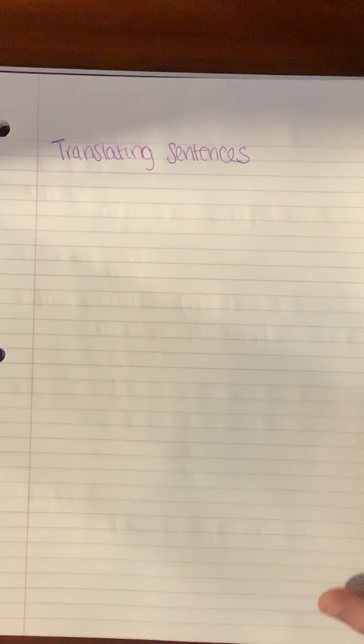All right, so the first thing you'll see on this grid is translating sentences. So an example.